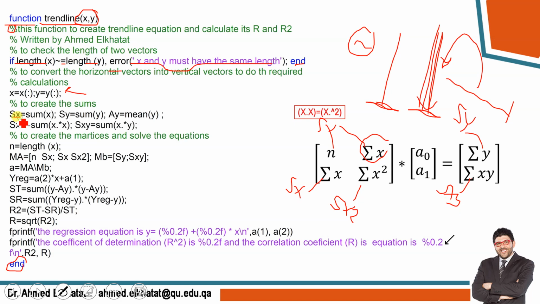Sx is summation of x, and sy is summation of y, and ay is the average or mean, so it will be mean y.